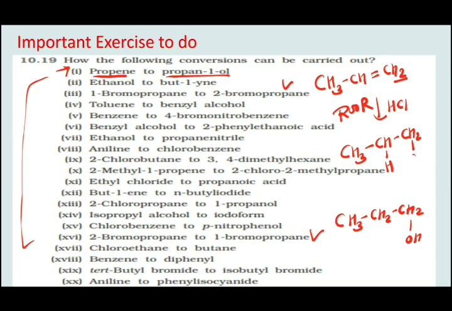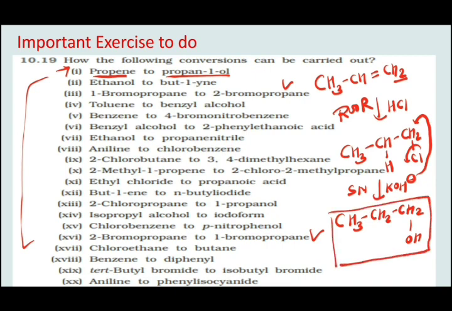So this is chlorine. Now what we can do? We can react it with KOH and SN reaction will take place. This OH will attack on this carbon, chlorine will be removed, and we will get 1-hydroxypropane or propane 1-ol. Okay, so that is the way of solving these kind of questions.